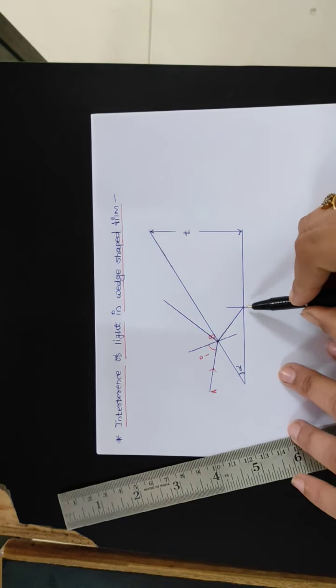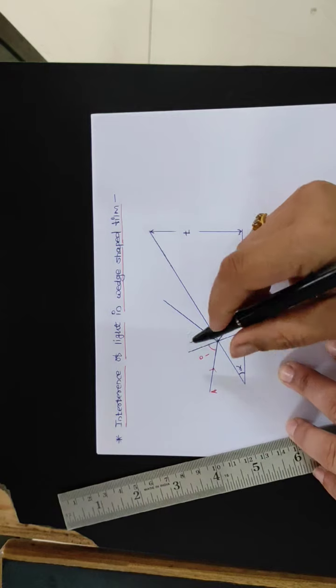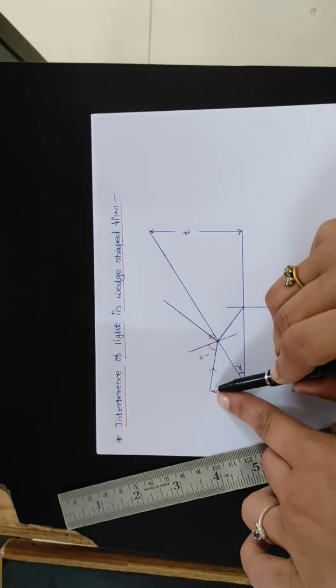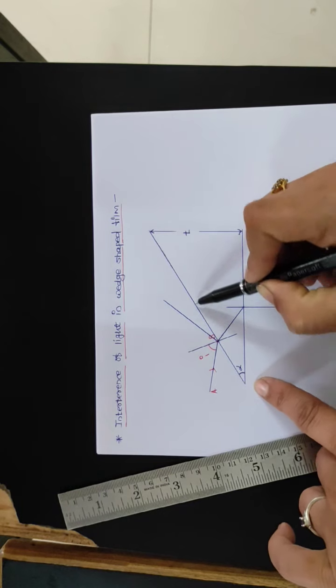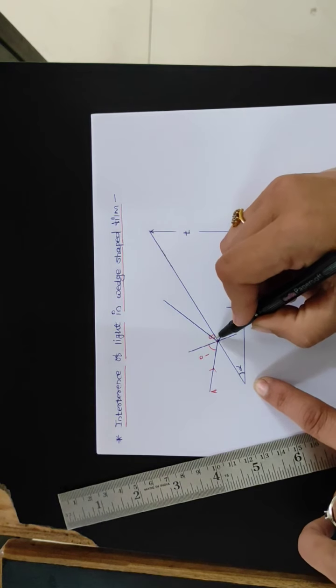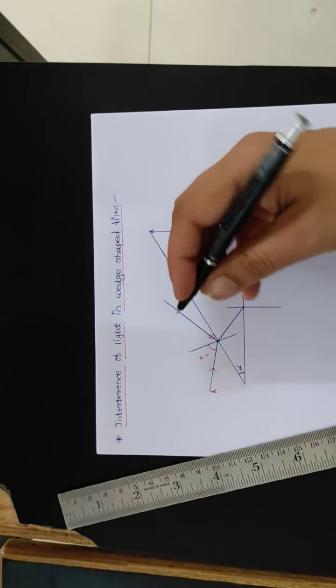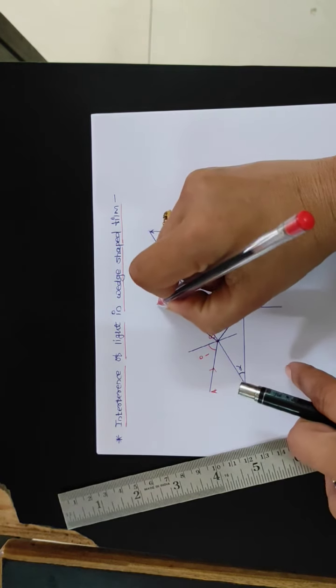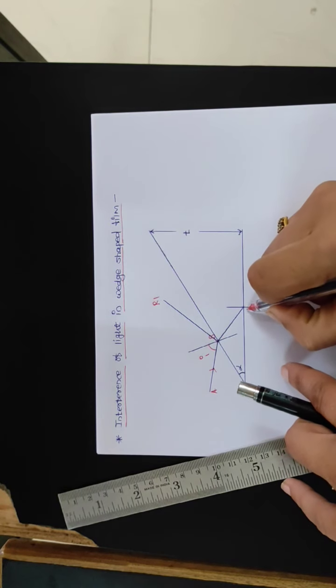Here also a normal. One more time I will explain. A ray of light AB is incident on the surface. Then the ray will be reflected along BR1 and refracted along BC.